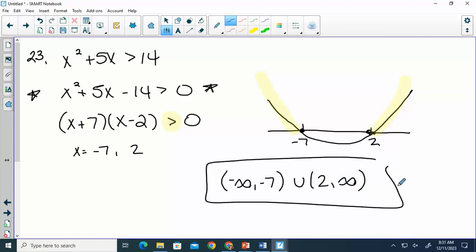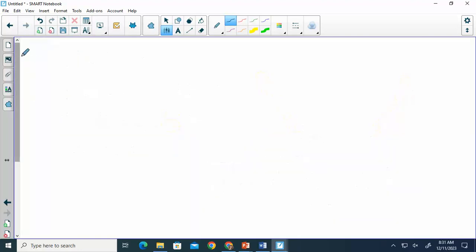Does everyone understand how I get from that number line to my graph? Let's look at 24. So, normally, if this were just an equation, you would probably do square root method, but let's try to avoid that with the inequalities.